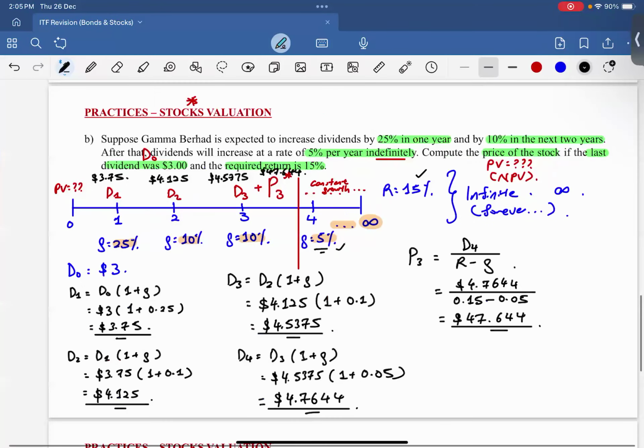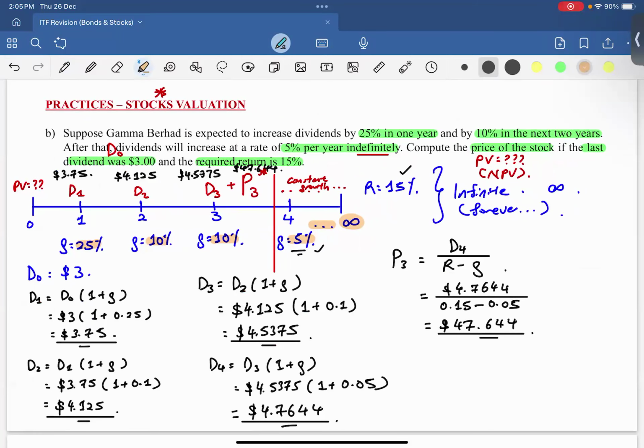Now you can use the cash flow function to factor in all these values. So that means these three must add up together, huh? Because after that is constant growth already. So we don't need to calculate every single year anymore.